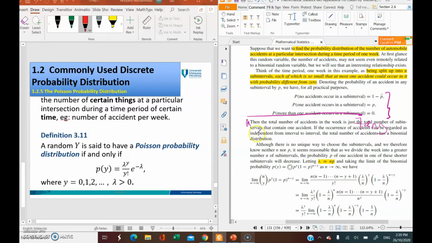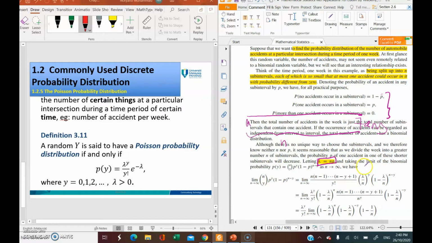So we don't know how many to divide; this is called n. And P is the probability that one accident happens. So that's why we let lambda equal np, that means the number of intervals times the probability of one accident happening. So we let lambda equal np.